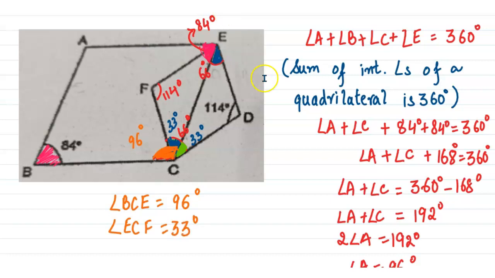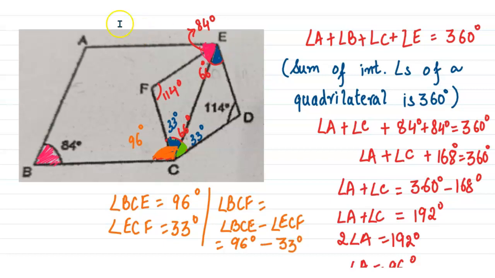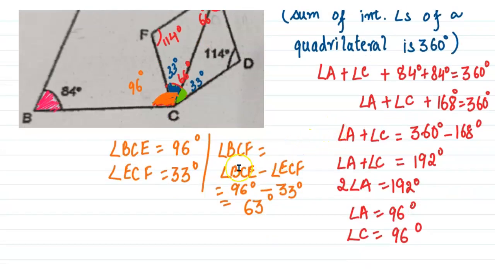And if we subtract these, to find out this angle BCF is equal to angle BCE minus angle ECF. That would be 96 degrees minus 33 degrees. So angle BCF is equal to 63 degrees.